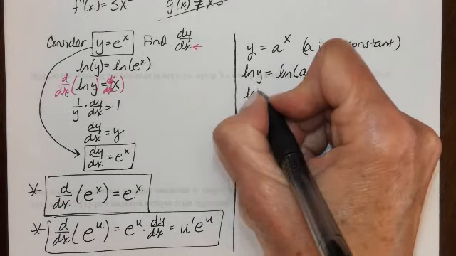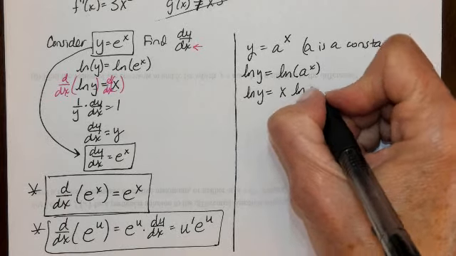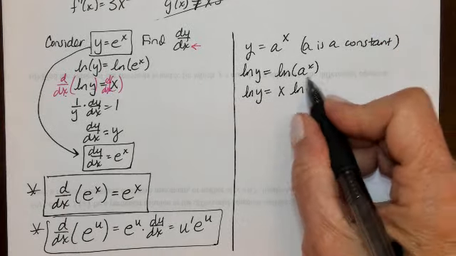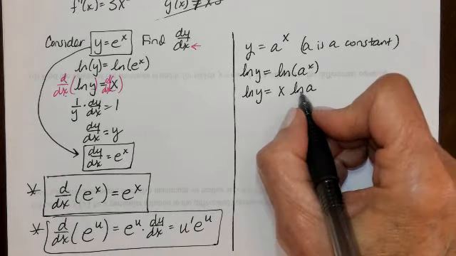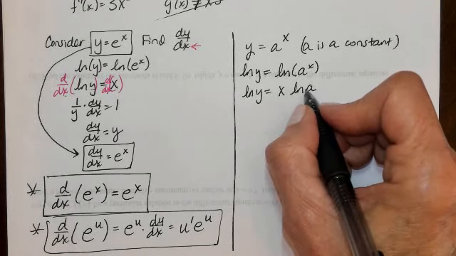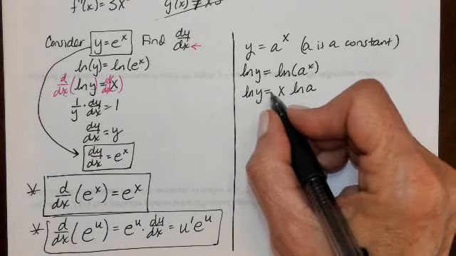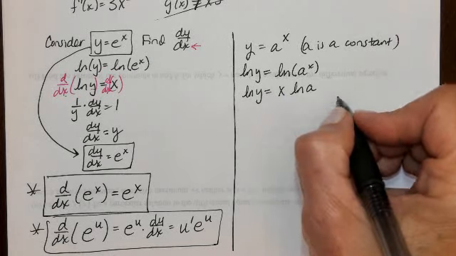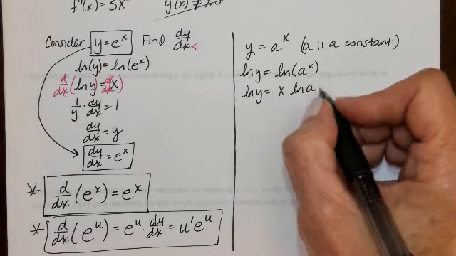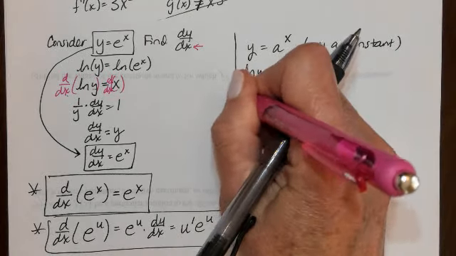So we'll have ln of y is x ln of a. This time that's not just 1, so we have to write it as ln a. But ln of a is just another constant, right? So I could think of it as being out in front. It's like a 5x or 10x. It's just ln a times x, right? Now let's take the derivative of both sides with respect to x.